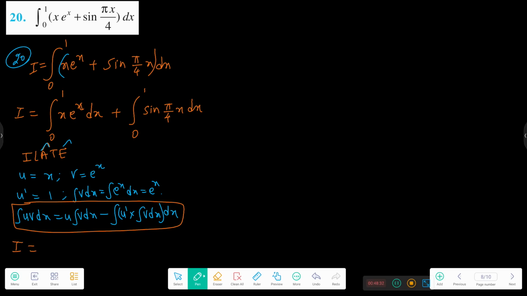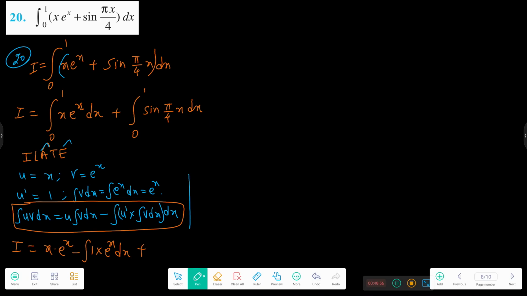So I is equal to u value, x, into integral v dx, e power x, minus integral u dash, 1, into integral v dx, e power x into dx. Now this is for this part alone. Plus what about this one? Sin.